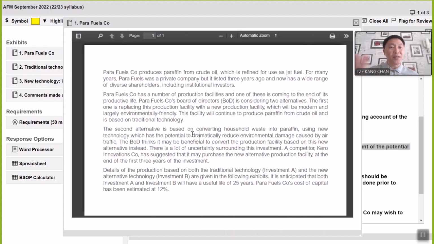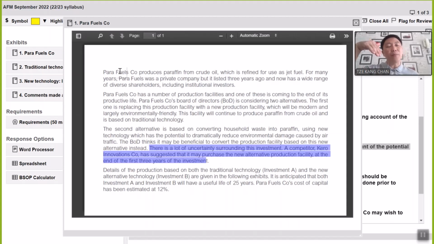Putting aside some of the features of the technology found in B, what we're talking about is that, given it is a new technology in investment B, it contains a lot of uncertainty. Therefore, a competitor by the name of Kiro has approached Parafield saying that they may, and the word may is just a choice, not an obligation, buy over this production facility from Parafield at the end of the first 3 years.